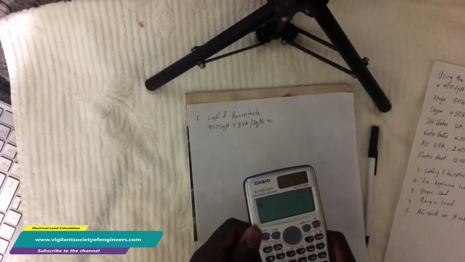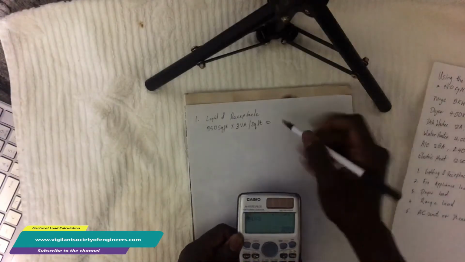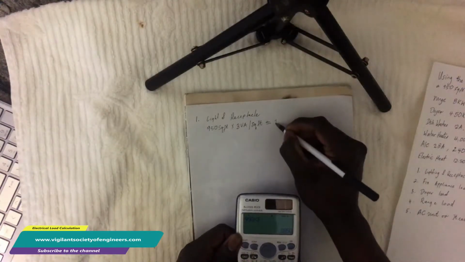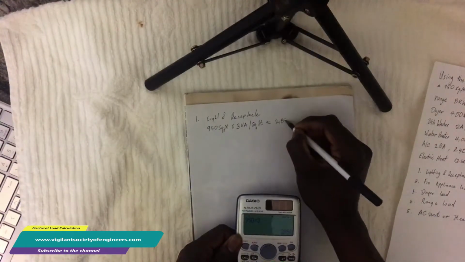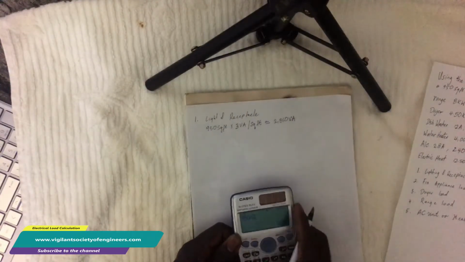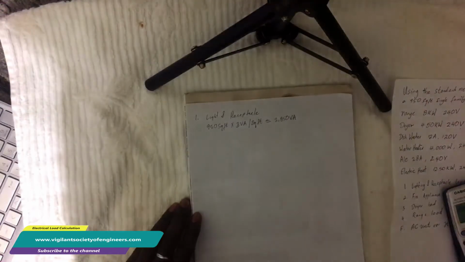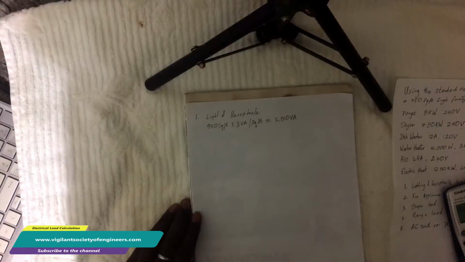So it's 950 times 3 VA per square feet, so that gives us 2,850 VA.